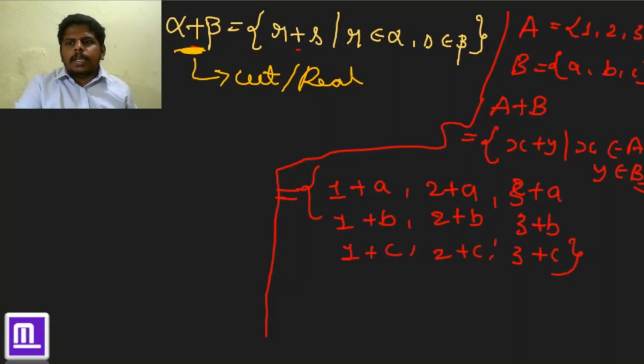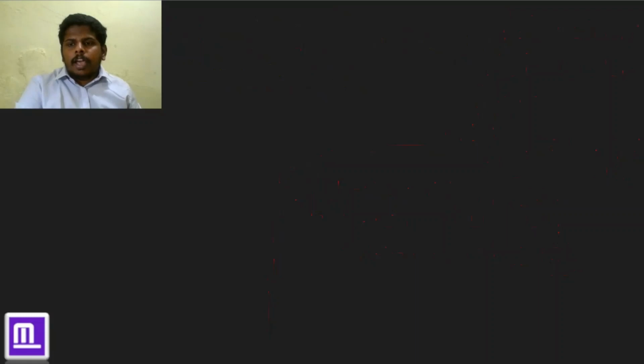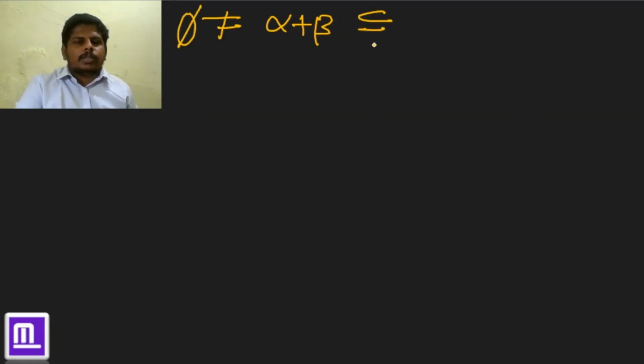Simply by making one more effort to prove the three properties. The first property is like this: we should prove that alpha plus beta is not a null set, as well as a proper subset of the rational numbers. Well, it is very clear for the first part.